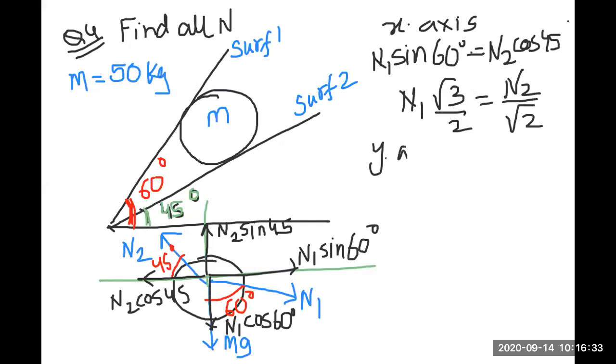Y-axis के along: n2 sin 45 is equal to mg plus n1 cos 60 degrees.